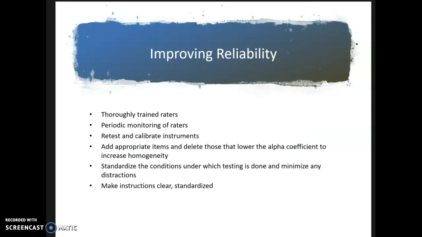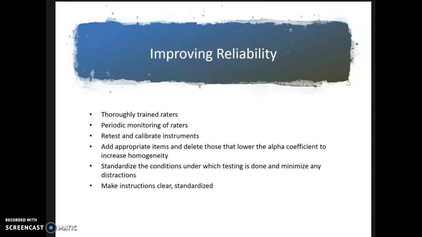So when we're improving reliability, we want to make sure that we have really good raters, that they're trained well, and that there's some kind of quality control with the raters, assuring that they're consistently rating the same way.